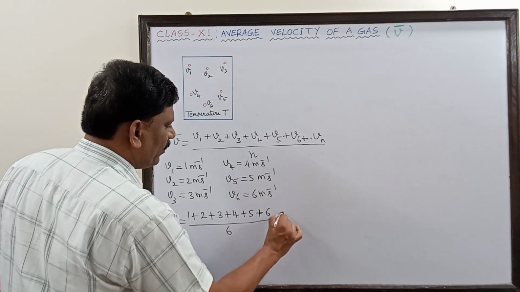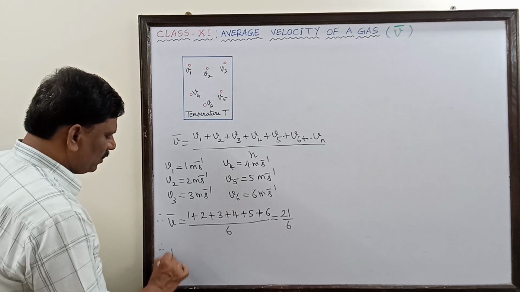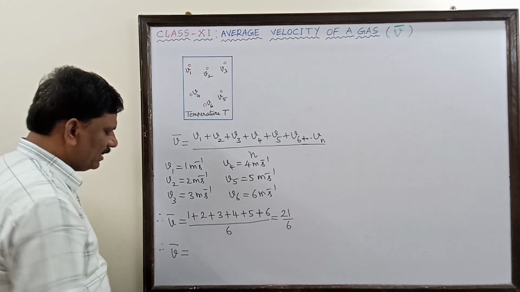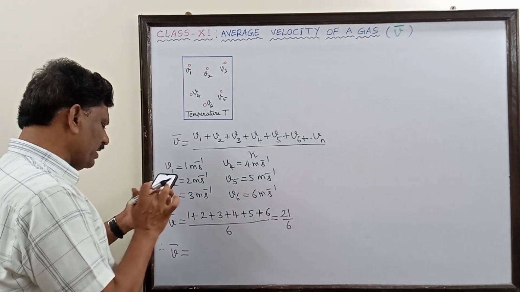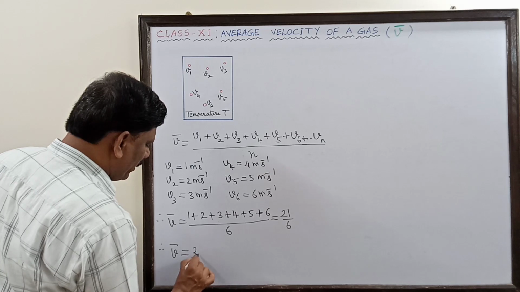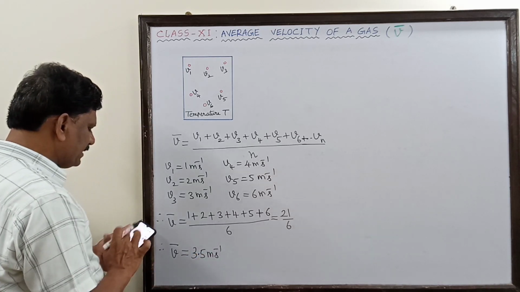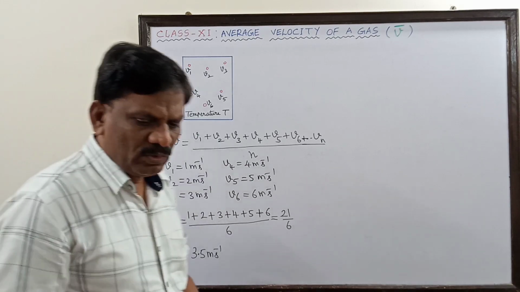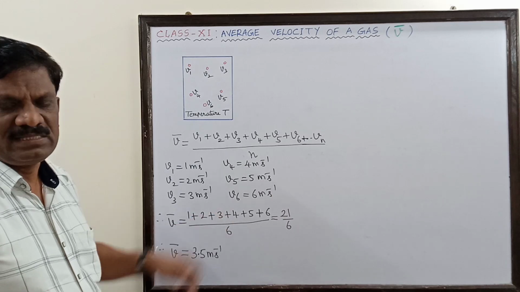So this is equal to 21 divided by 6. Therefore the average velocity is 21 divided by 6, which is equal to 3.5 meters per second. This is how to find mathematically the average value of the velocity.